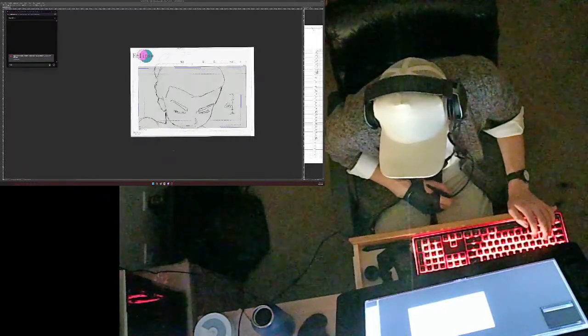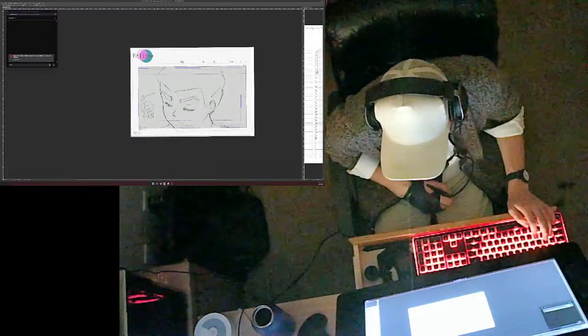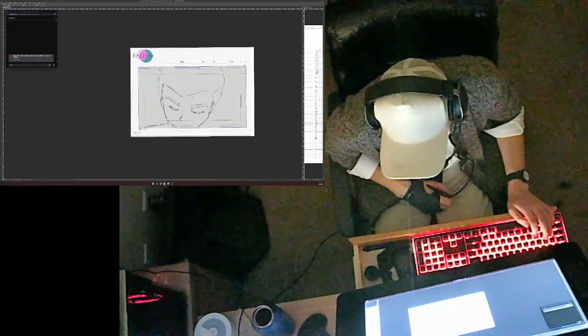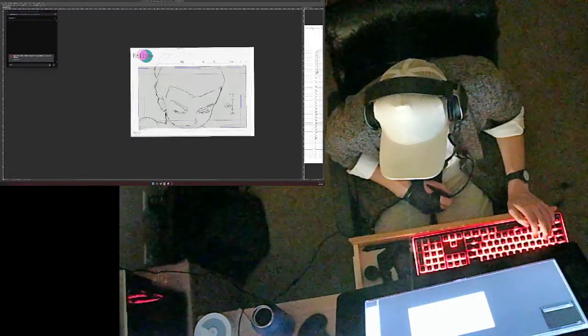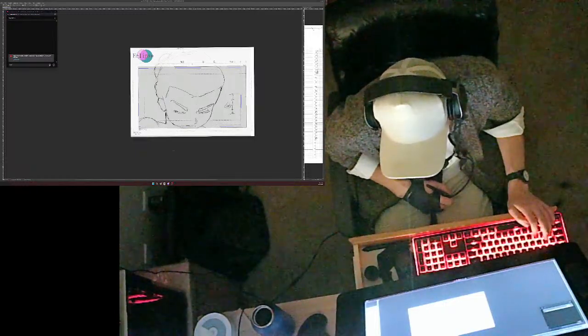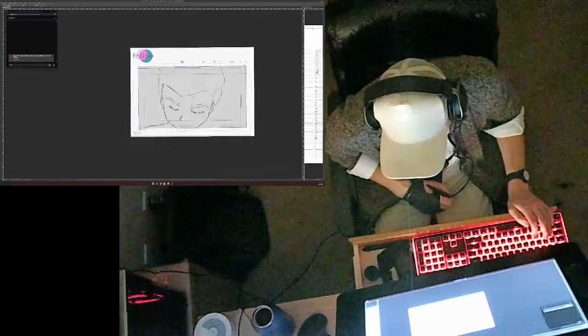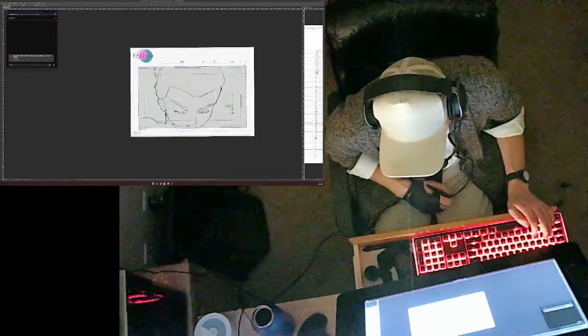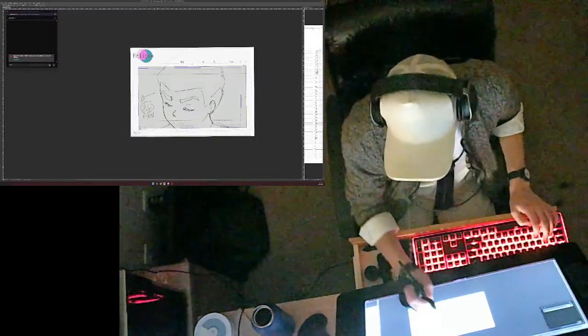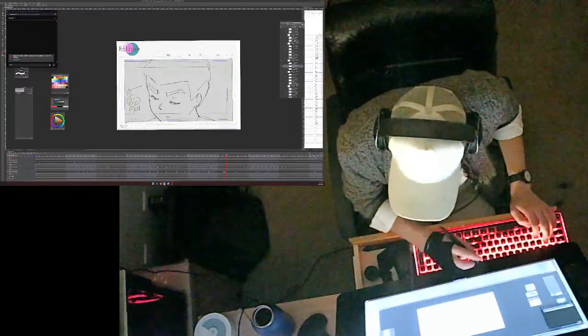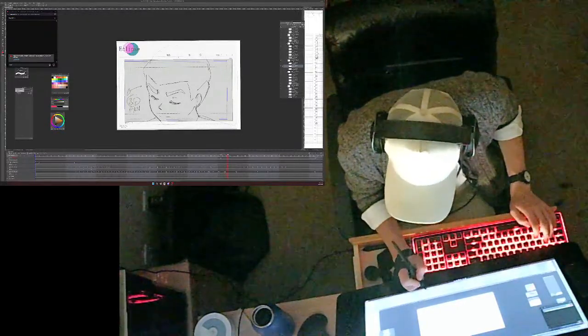Da-da-da-da-da-da. Try and minimize in-betweens, because I want this to be smooth, but not too smooth. So just gotta be smart about where I put them. I think we're good to move on from that one. Stick that in the middle.